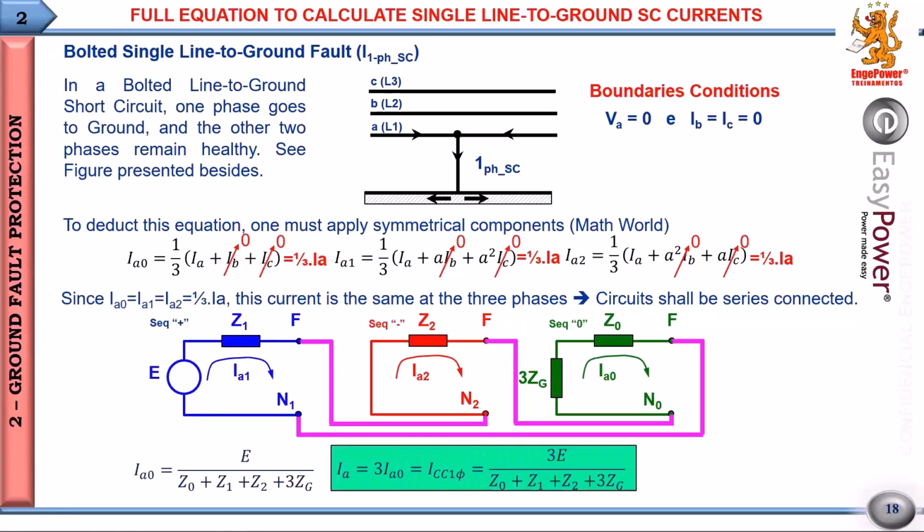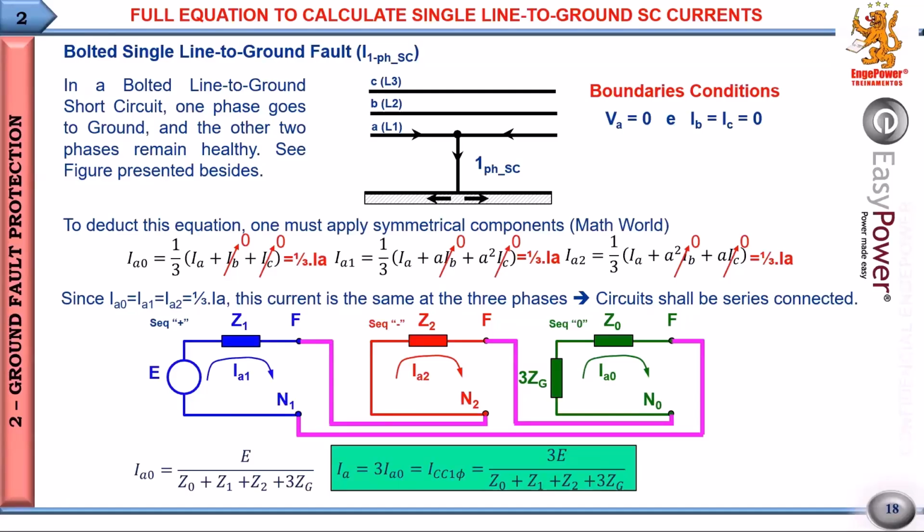IA0, I am in the math world. I have to come back to the real world. I have to get the IA value. Looking at this first equation here, IA is 3 times IA0.